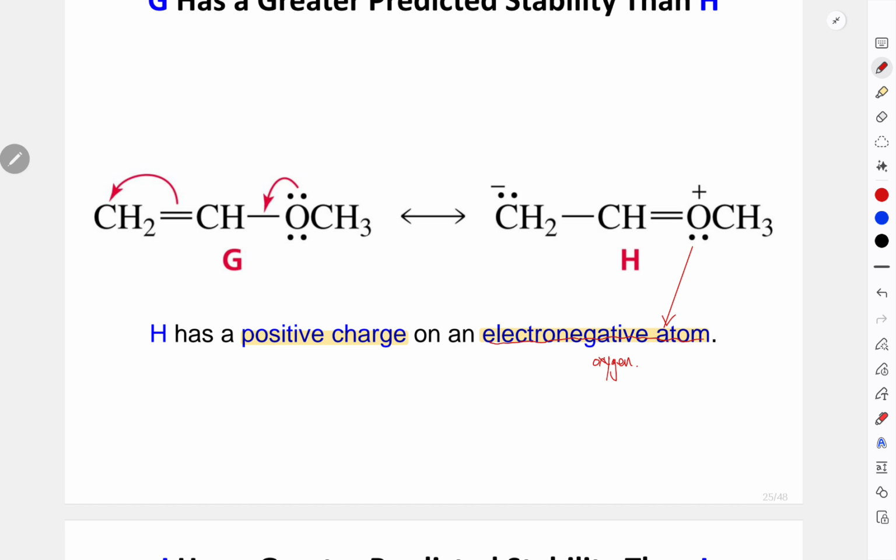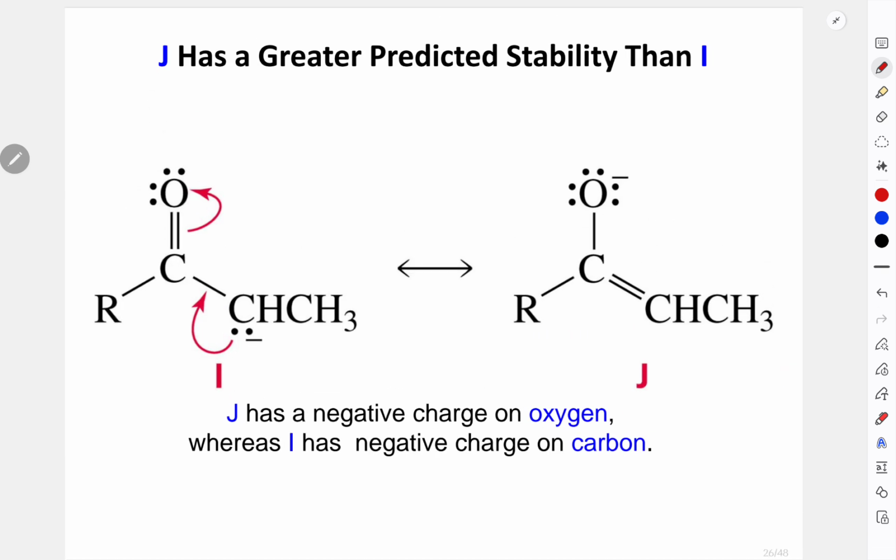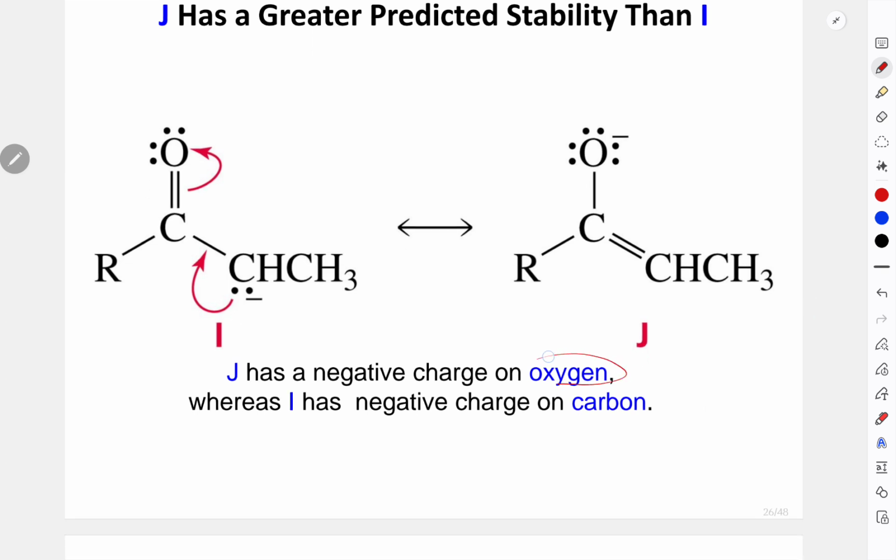What about I versus J? Again, you have a double bond, an sp2 hybridized carbon, and a carbanion next to it. This lone pair can move to form the second resonance contributor. You can draw the movement of the electrons, and then you get the double bond between these two carbons and O minus.